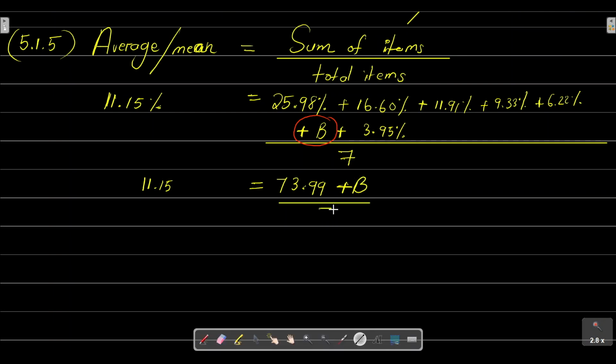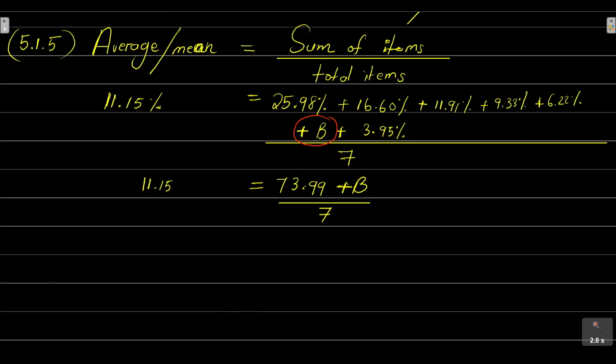We're just simplifying. From here, what do we need to do, guys? We want to isolate this B so that it is on its own on the right-hand side, so that we know the value of B. So we want to multiply by 7, because here you were dividing by 7.